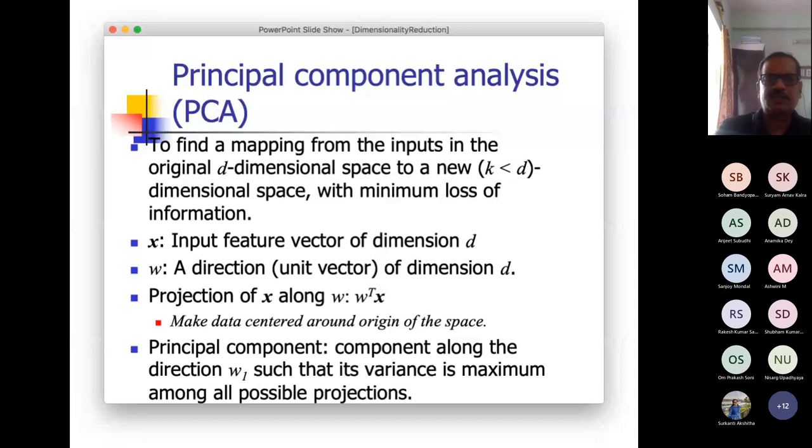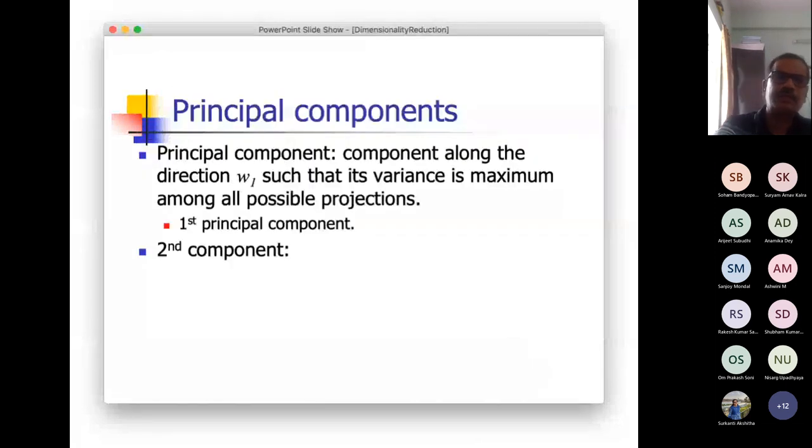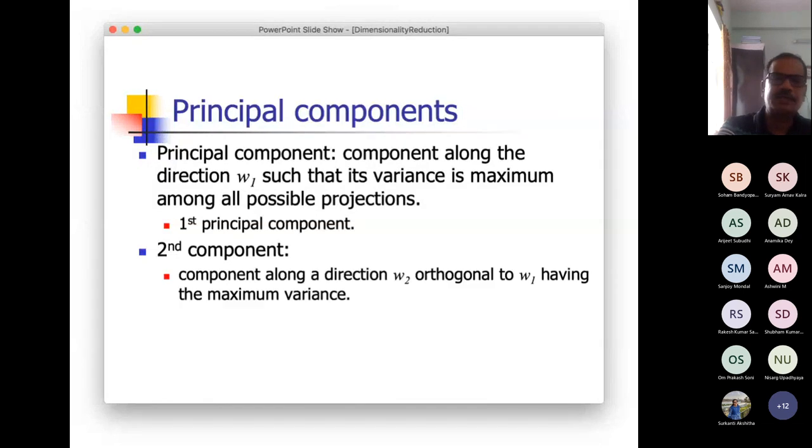So a principal component is a component along the vector W1 such that its variance is maximum among all possible projections. This is the principal component definition, and I just mentioned it also in my description. So this is the first principal component. Similarly, the second principal component, as I was mentioning, is the component along a direction W2, which is orthogonal to W1, having the maximum variance on the residuals.